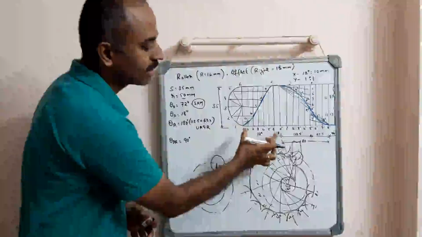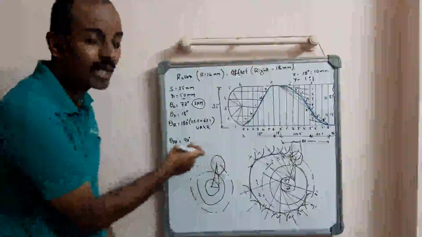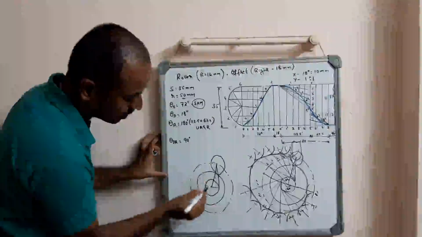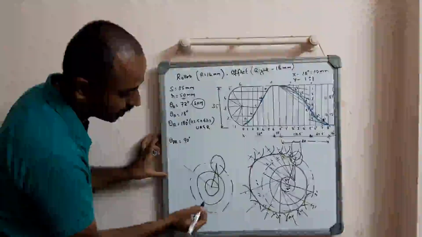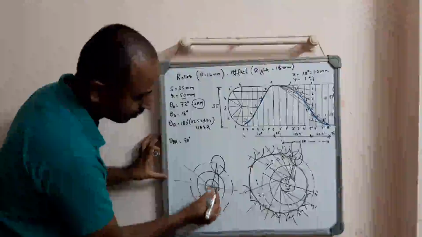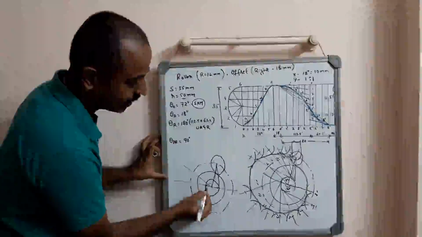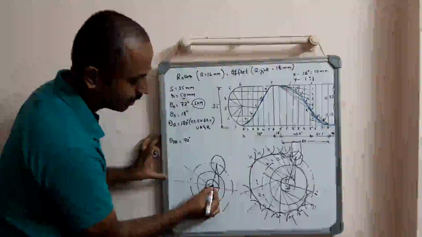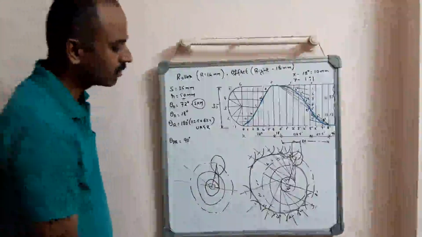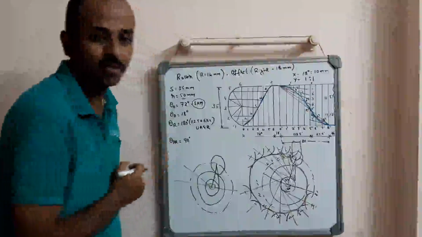We have divided the displacement diagram into 4 regions. Divide the prime circle into 4 regions. With respect to this line, first 72 degrees, 18 degrees, 180 degrees and the remaining 90 degrees. So this is 72 degrees, 18 degrees, 180 degrees and remaining 90 degrees. We have divided the outstroke region into 6 equal parts.